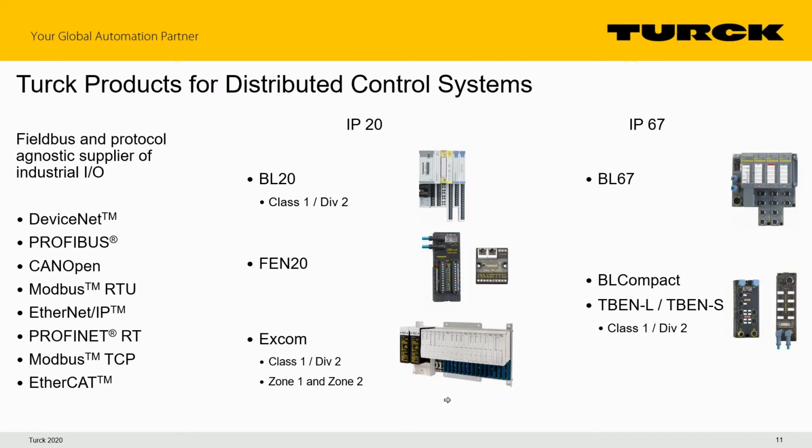The bottom is our XCOM product line. This is very much geared towards the process industry. It is Class 1 Div 2 rated, and it is Zone 1 and Zone 2 rated, meaning that if you install this in a Class 1 Div 2 area, you can wire out to I/O points in a Class 1 Div 1 area without going through a barrier.